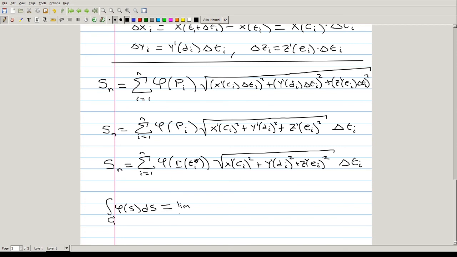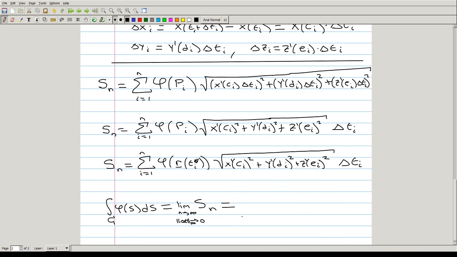It's the limit as n goes to infinity and the maximum partition size goes to 0 of this S_n. It's the approximating sum. And not only that, what's nice about this formula up here is that it gives us an explicit way of computing this line integral.